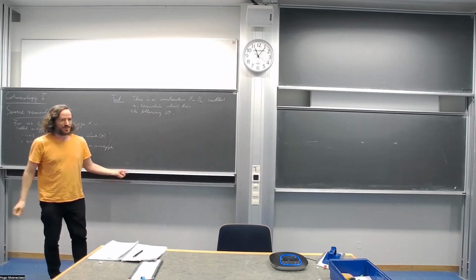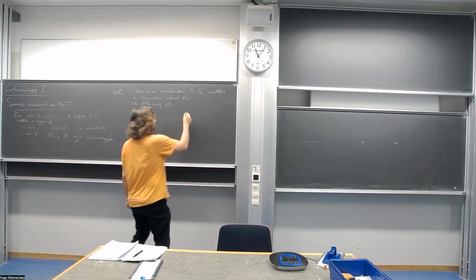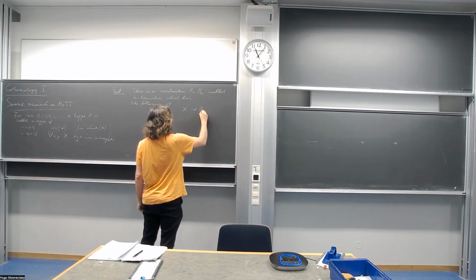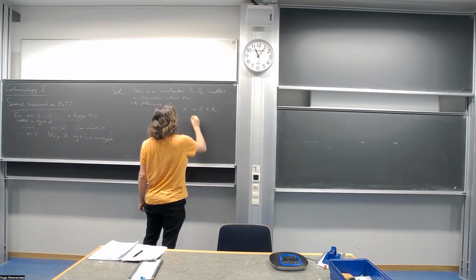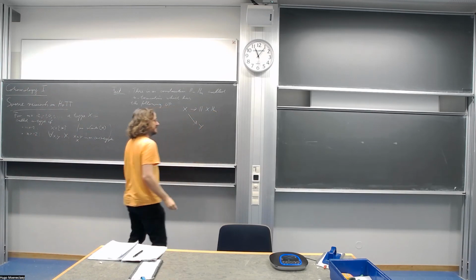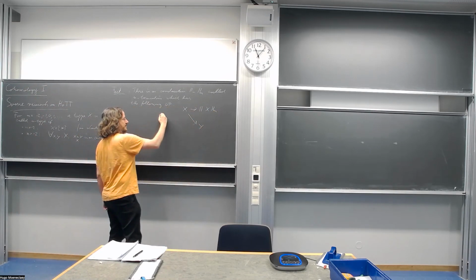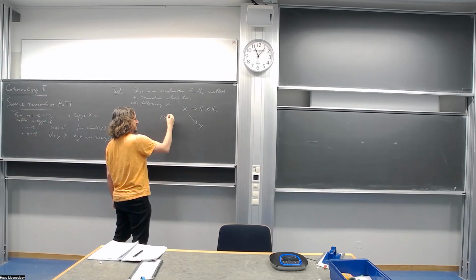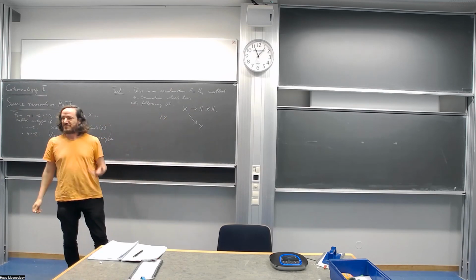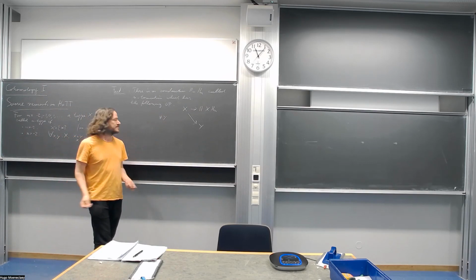It actually has more, but I want to write it in a way where it is kind of the same as that of a reflector in category theory.